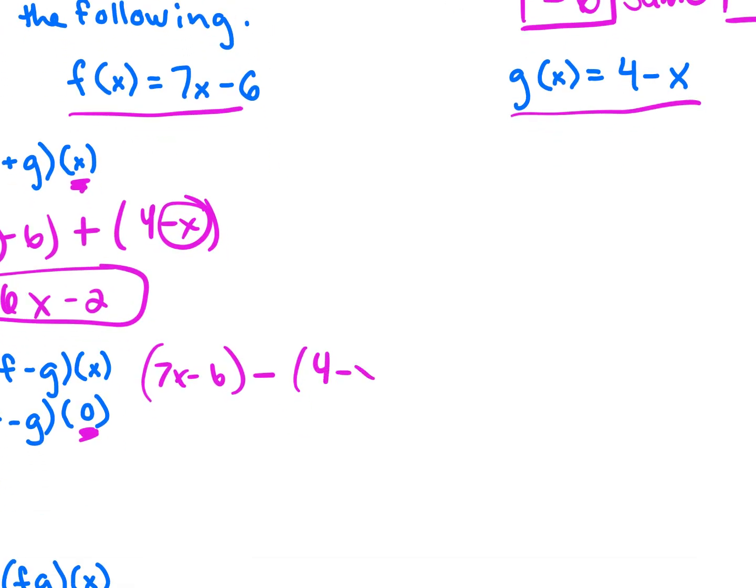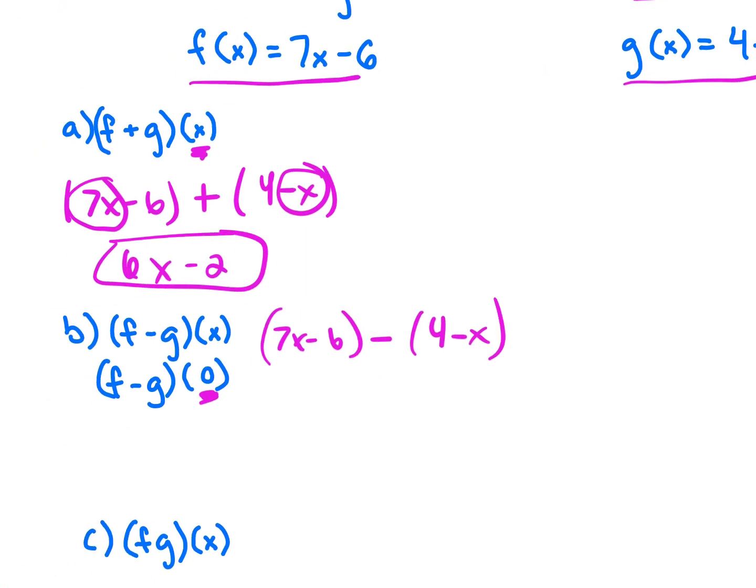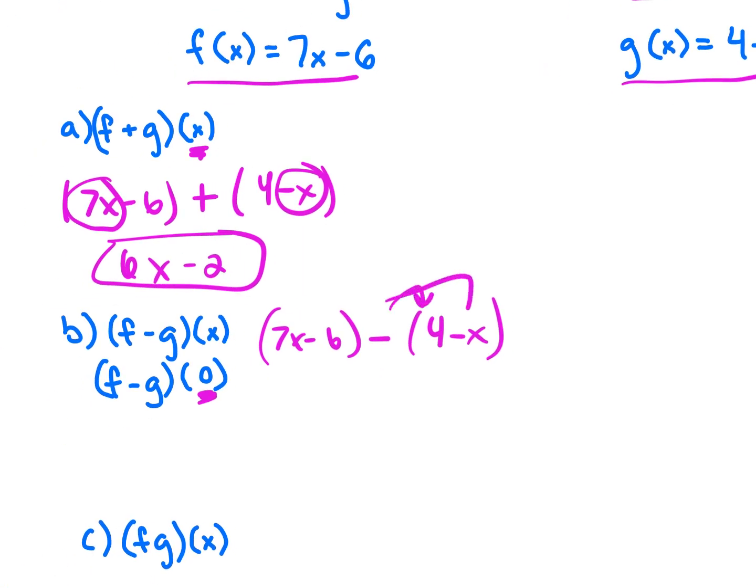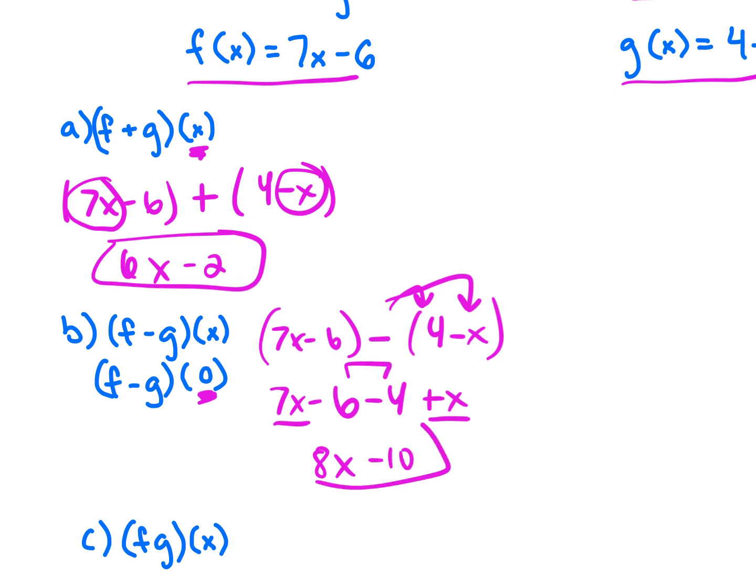So be careful, guys. If it said g minus f, then you have to put them in the correct order. Subtraction's a little different because I have a subtraction sign there. What do I have to do with that negative sign? I have to distribute it. So 7x minus 6 minus 4 plus x, correct? So now when I combine, 7x and 1x is 8x, and then -6 and -4 is minus 10. Good, right?